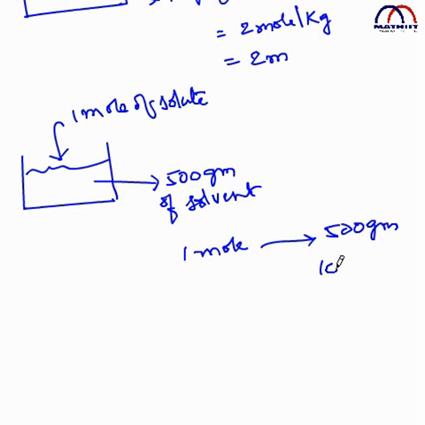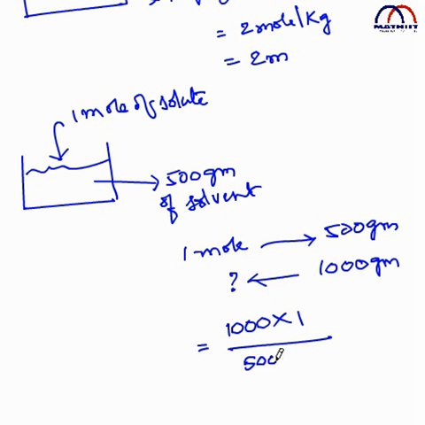Then 1000 grams of solvent will contain how many moles? Because molality always indicates the number of moles present in 1000 grams of solvent, that is 1000 by 500, this will give you a 2m solution. So it is a 2 molal solution.